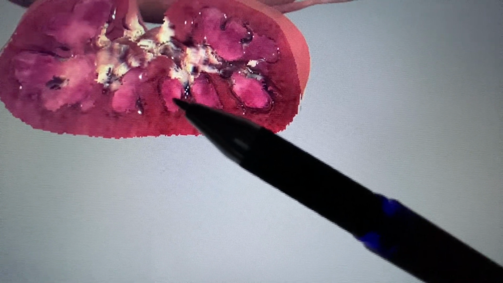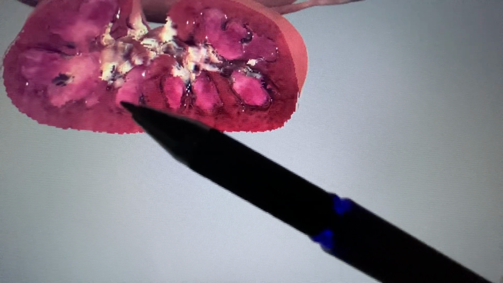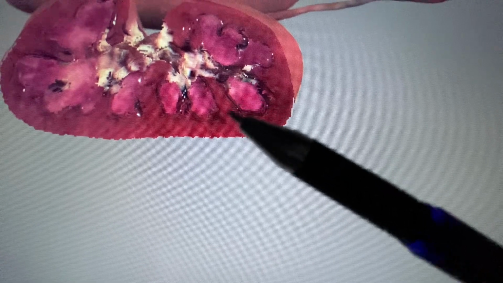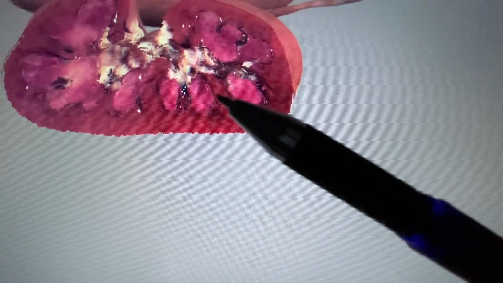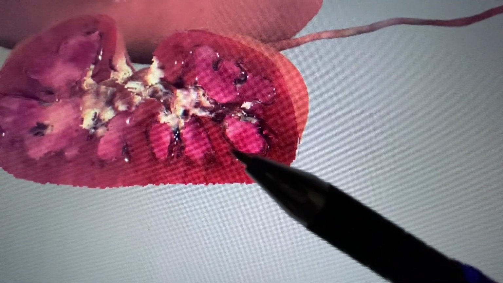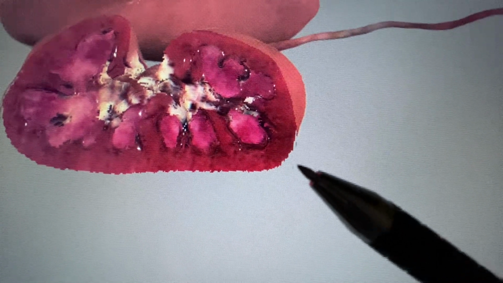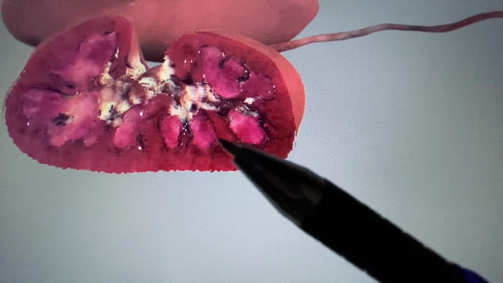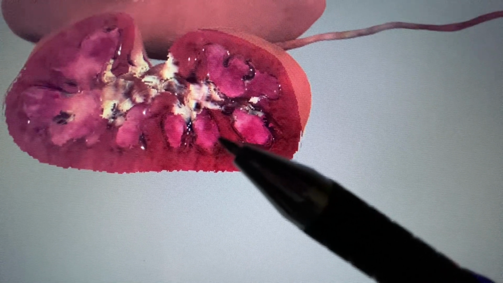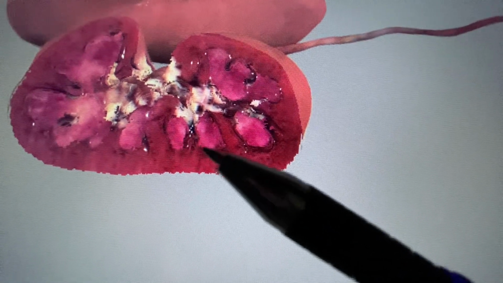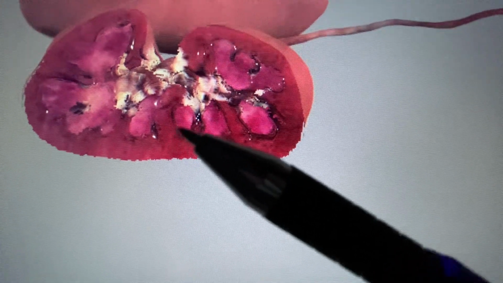Here, here, here, here, those are renal pyramids. All the tissue in between, or the meat of it all, that's called the parenchyma in anatomy and physiology. The structures of the meat in between, those are your columns.